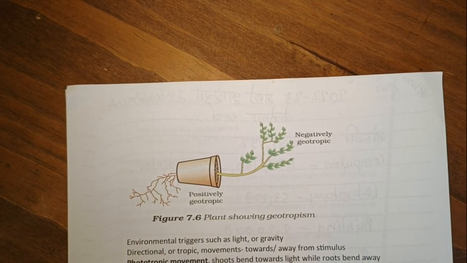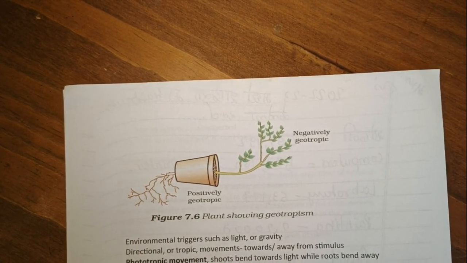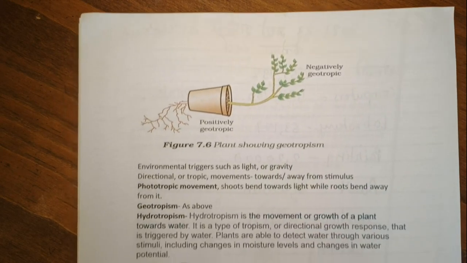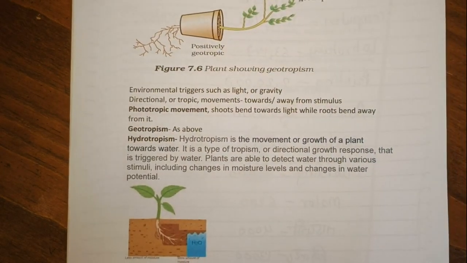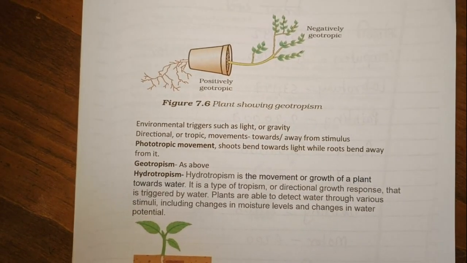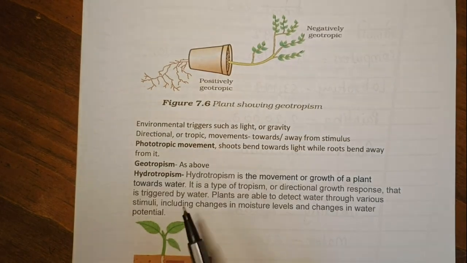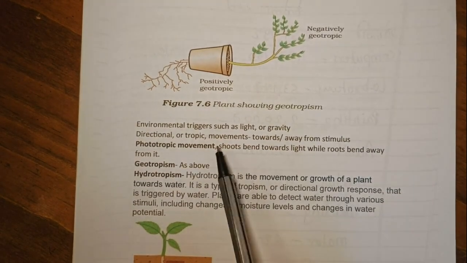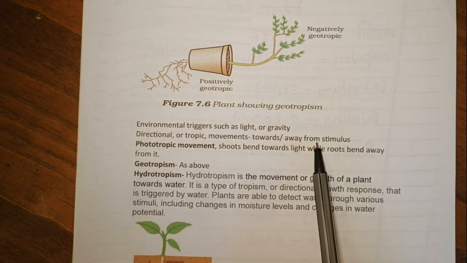Now let's see more details into this directional growth. Environmental triggers like light or gravity will change the direction that a plant grows in, and these directional or tropic movements can be towards the stimulus or away from the stimulus.